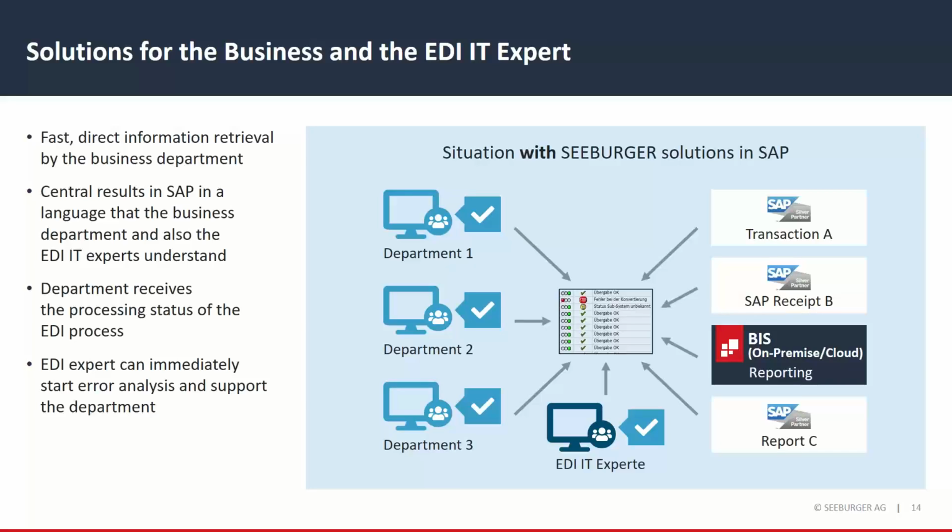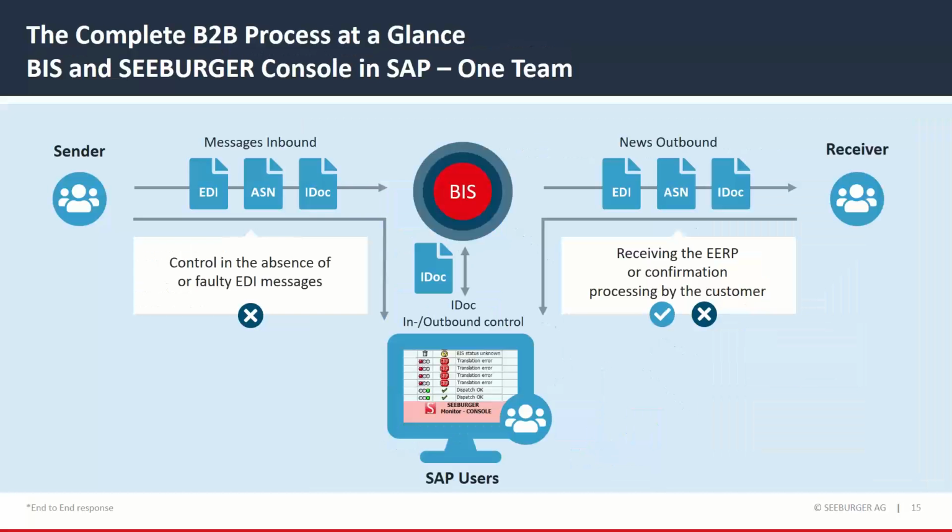With some variants or special profiles, the business user will get a special role, and the EDI administrator or the SAP basis guys will also get a special profile in order to use the console. We can cover both worlds in SAP, because the iDoc is from the beginning a technical part, and the business department cannot really work with this. And in a third case, in combination with our BIS, you can have a look into the BIS as well.